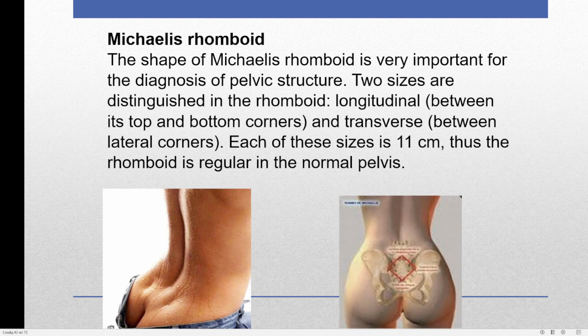An additional method of diagnosis is measurement of the Michaelis rhomboid. The shape of the Michaelis rhomboid is very important for diagnosis of pelvic structure. Two sizes are distinguished in the rhomboid: the longitudinal between its top and bottom corners, and the transverse between the lateral corners.